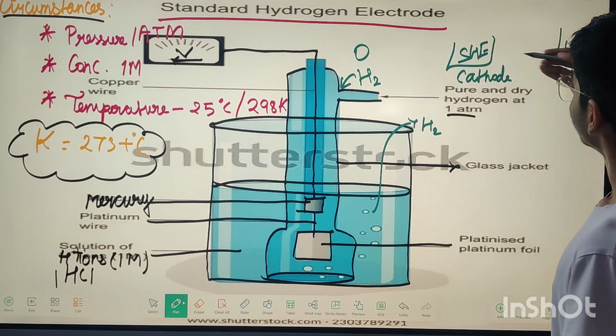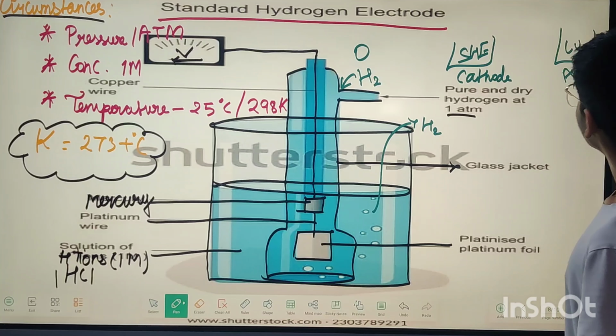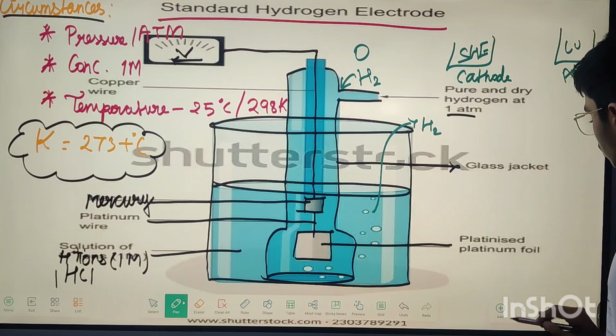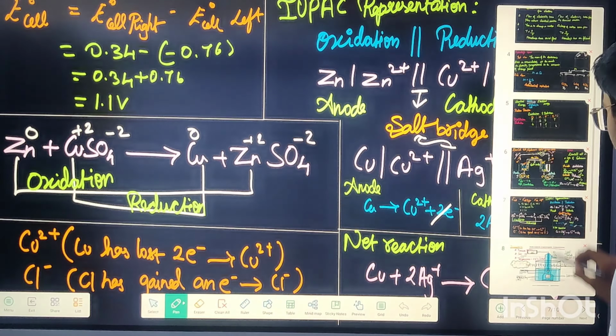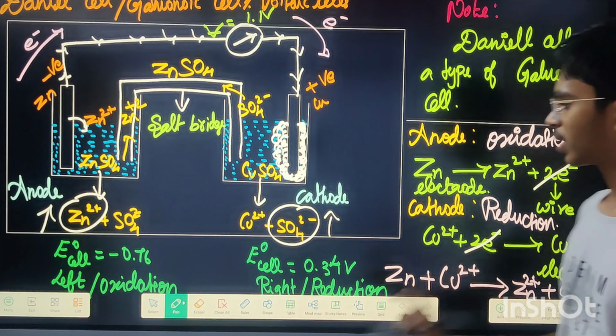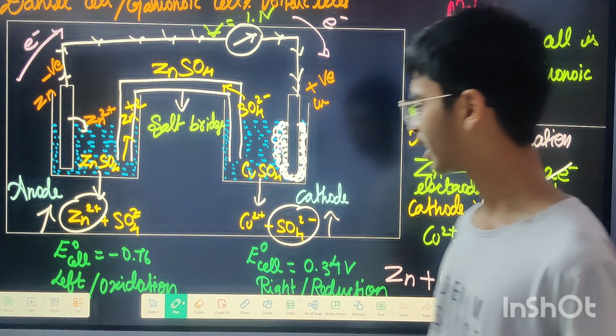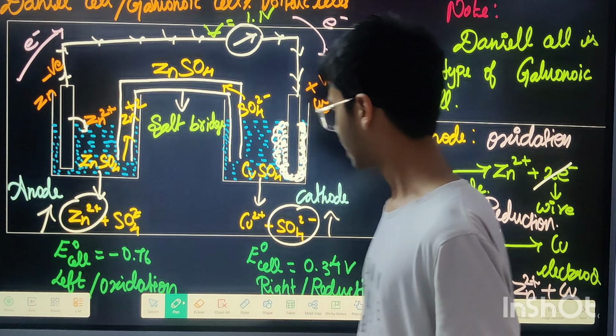So this is actually 0, and over here it will be giving you some value. Always remember that oxidation will be negative and reduction will be positive.